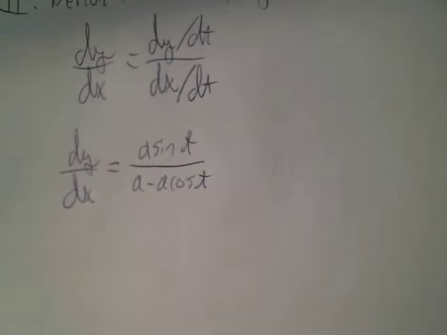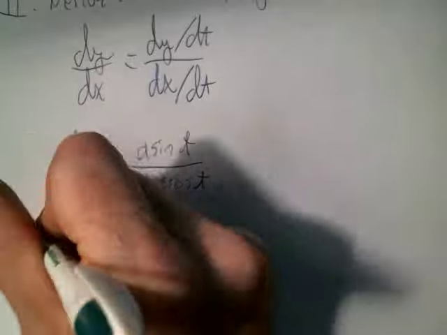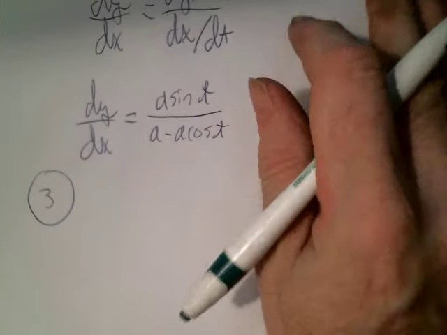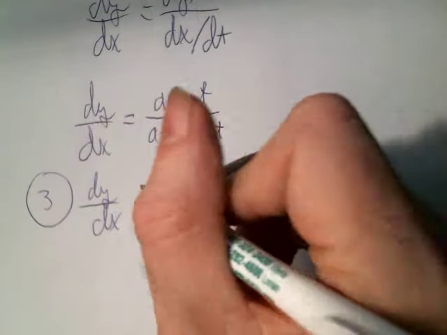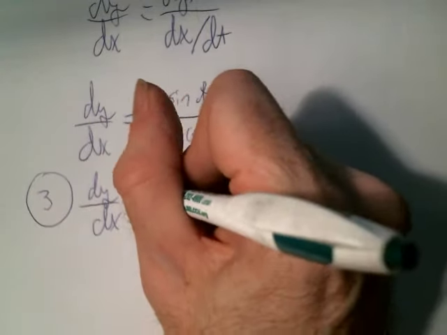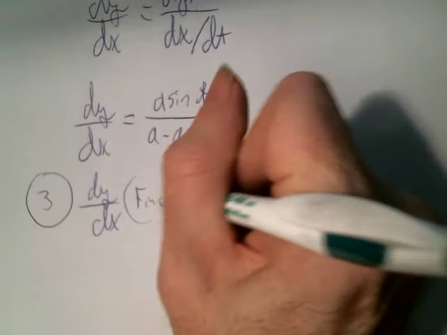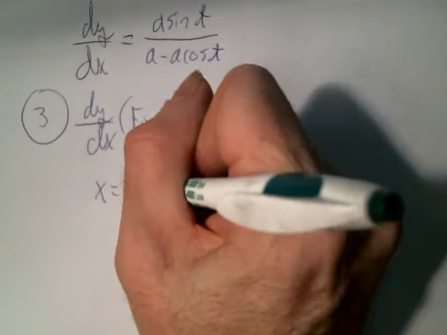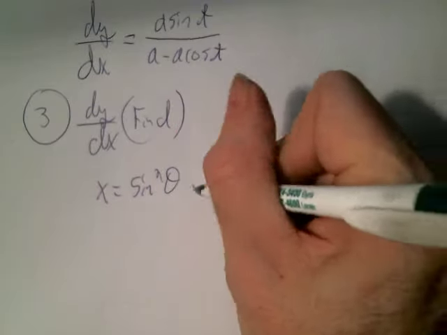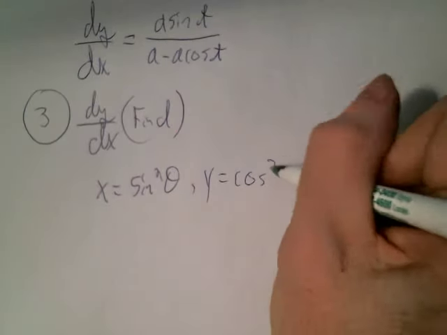Let's look at number 3, okay? We have the derivative of y with respect to x, and we want to find this. Our formula is x equals sine squared theta, and y equals cosine squared theta.